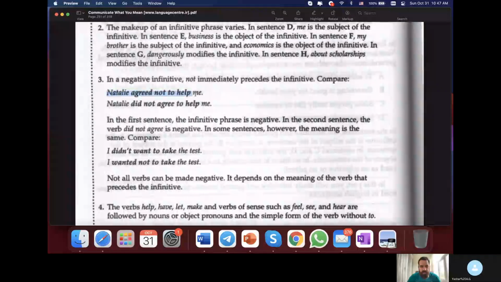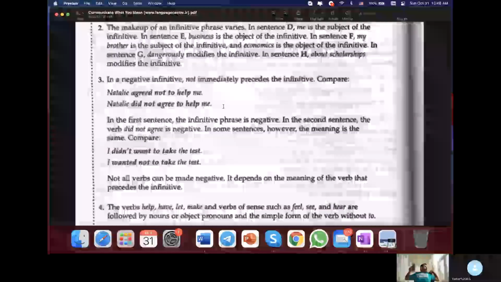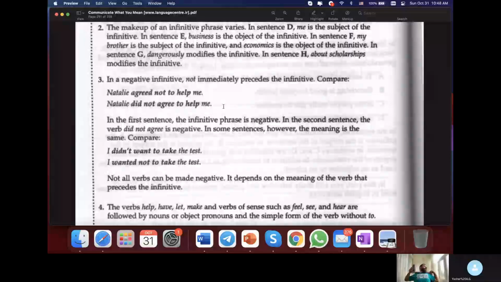I want you to read these two sentences and tell me the difference in the meaning. You can say it in Turkish. What is the difference? Agreed not to and did not agree. I don't know. Then here you say Natalia agreed.